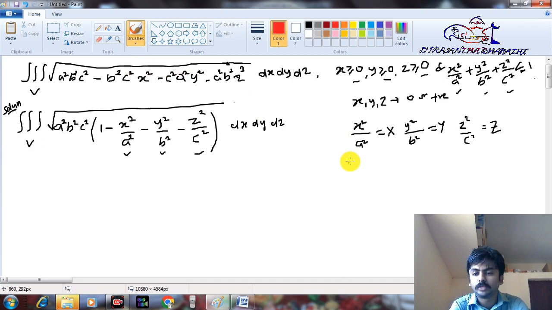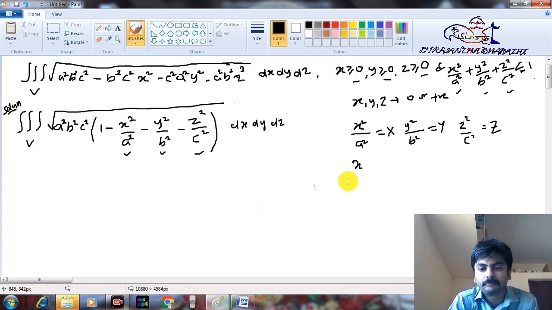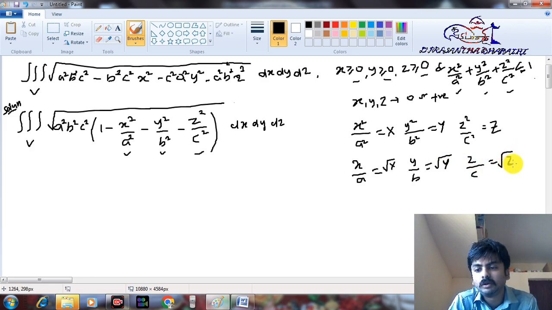So after taking the square root, it will be x divided by a equal to root of capital X, and y by b equal to root of capital Y, and z by c equal to root of capital Z.